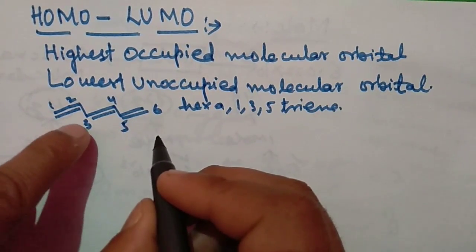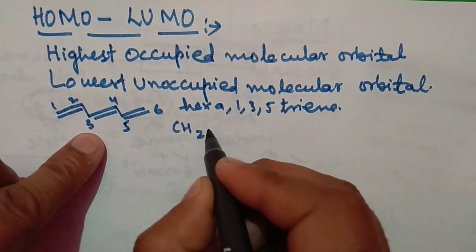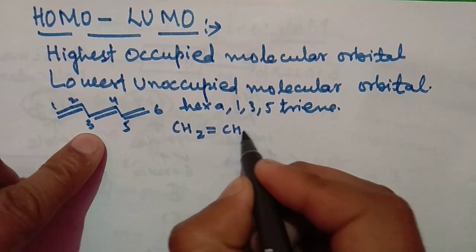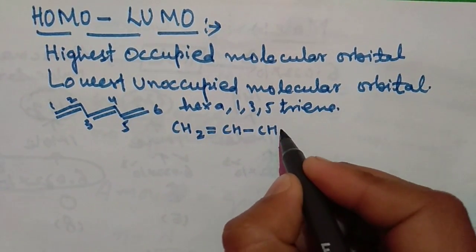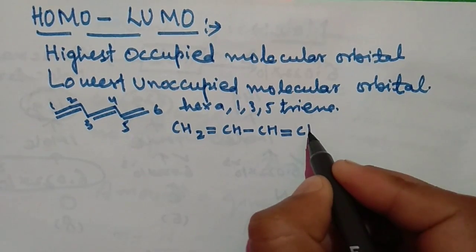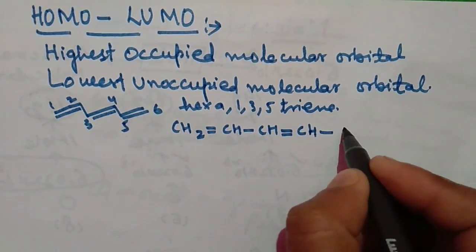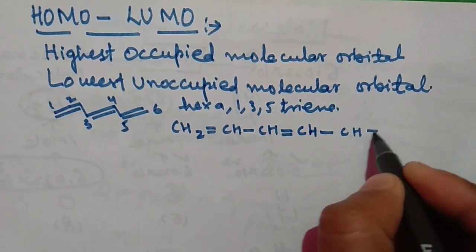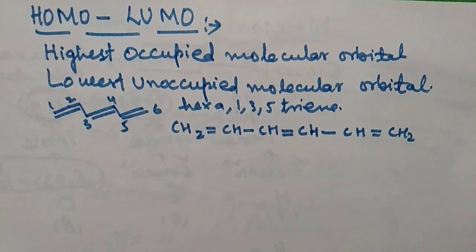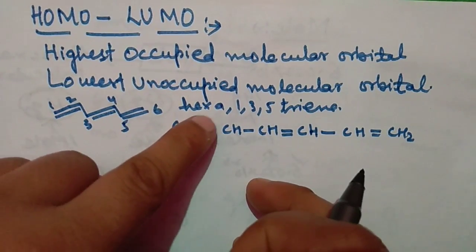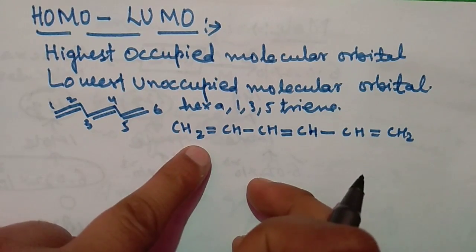We can write this one like this. We can write hexa-1,3,5-triene like this also.